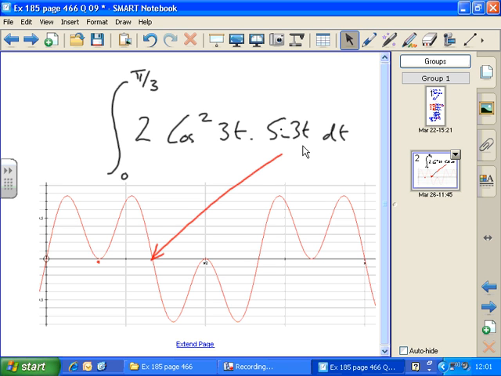Anyway, have a go at the extension question and see if you can work out what the value of this wave function is between 0 and pi by 3, which is the area underneath here. Have a go at it, and then the solution is at the end.